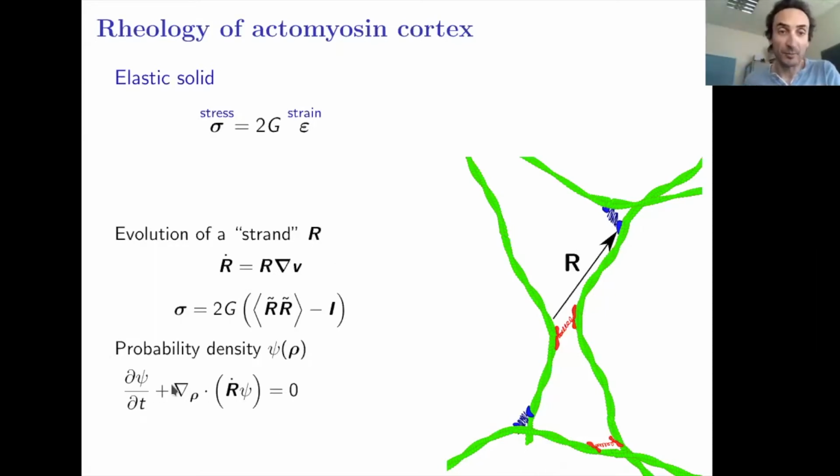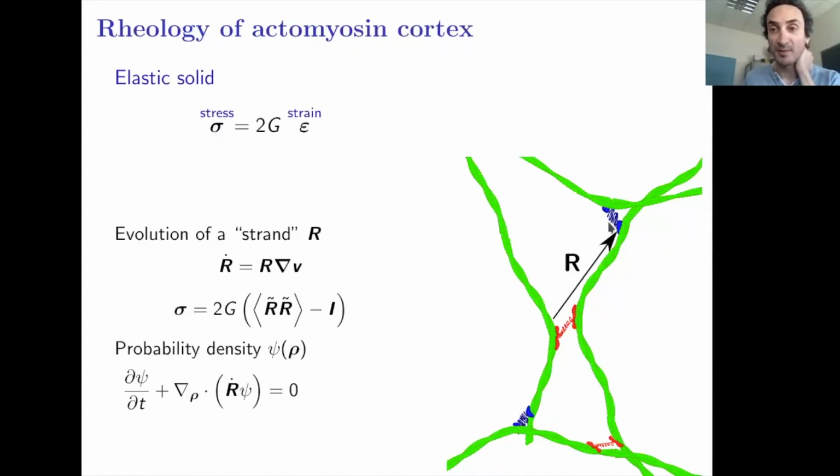And you have a probability density function of these strands' orientation, so it evolves in this way, and here you'll have the gradient of velocity coming in. If you say that there is an entropic elasticity linked with the elongation of these strands here, normalized by some length, then you'll obtain this simple stress-strain relation.